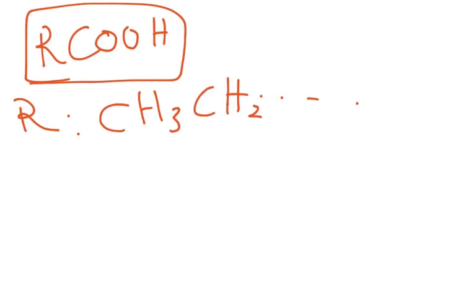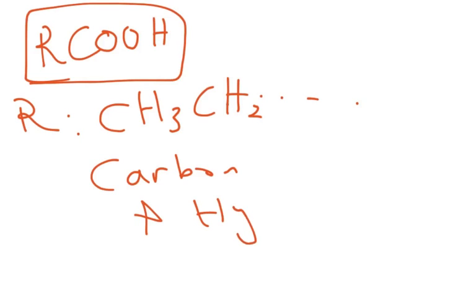So we have RCOOH. Whatever value we have should determine what R is. Remember that R is a hydrocarbon chain, so it's CH3, CH2, CH something. So it's definitely made only of carbon and the hydrogen. And that's how we get our question. Thank you so much.